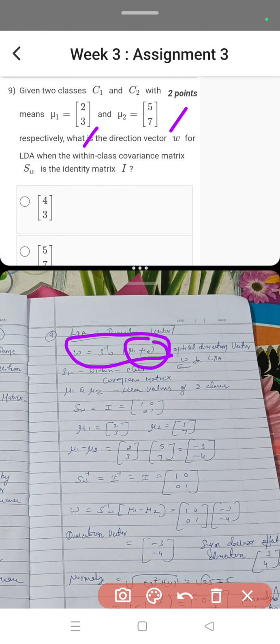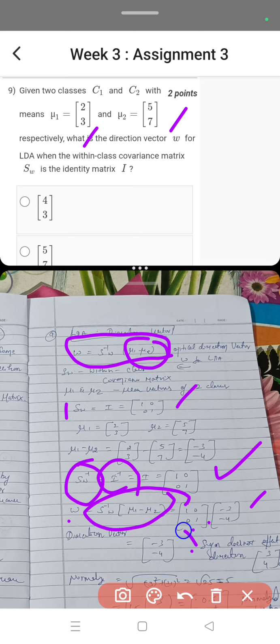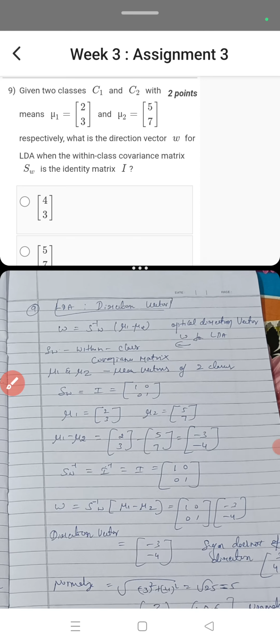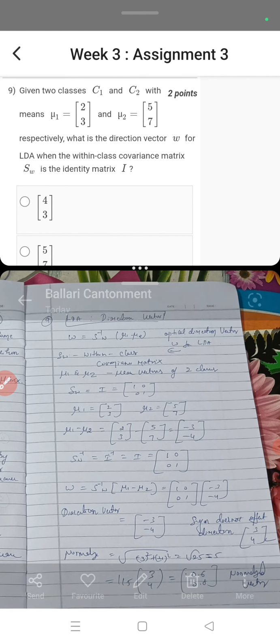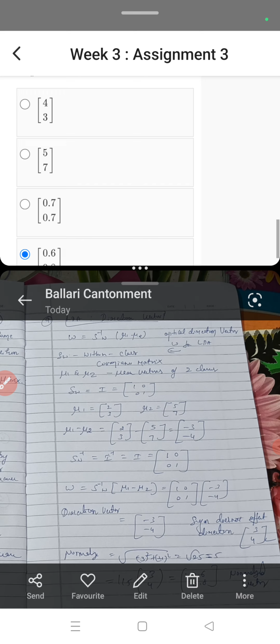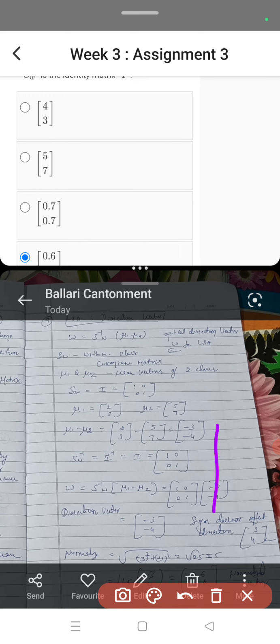S omega is the identity matrix, and S omega inverse is again the identity, exactly the same. So W is equal to this. If I put all this in, you will get minus 3 divided by minus 4. Sign doesn't affect the direction. Looking at the options, you don't have an answer like minus 3, minus 4.